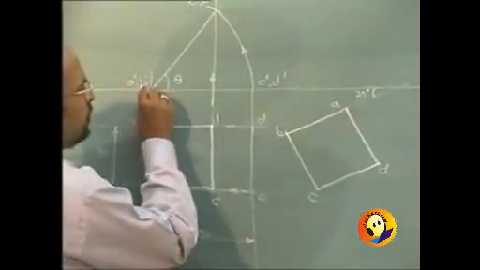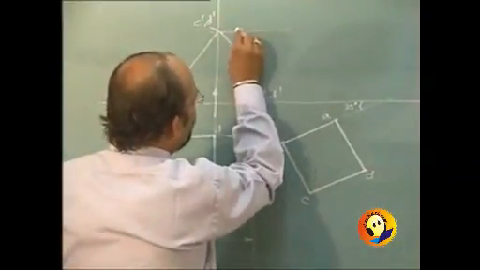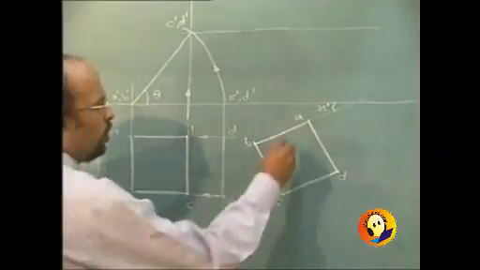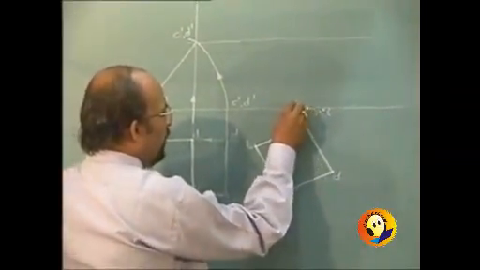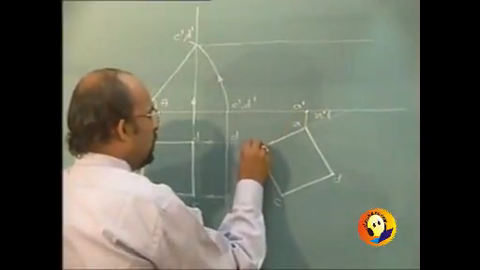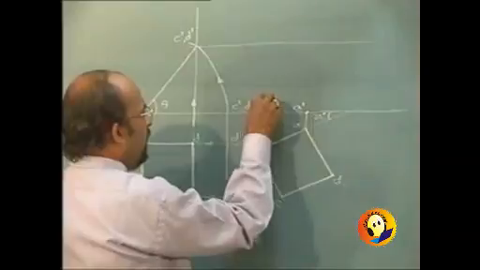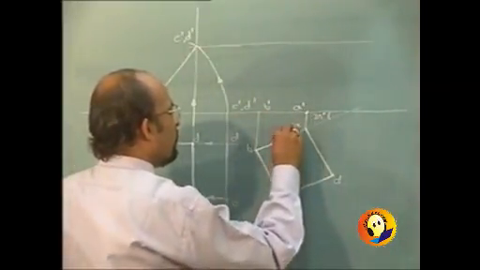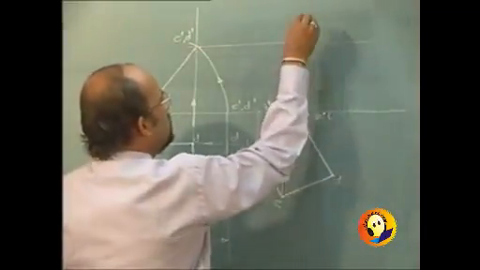Rotation in one view is movement parallel to XY in other. So points C and D will start moving parallel to XY. And then draw projectors. Projector through A up to path of A. This will be point A dash. Projector through B up to path of B. This will be point B dash. Projector through C up to path of C will be point C dash.